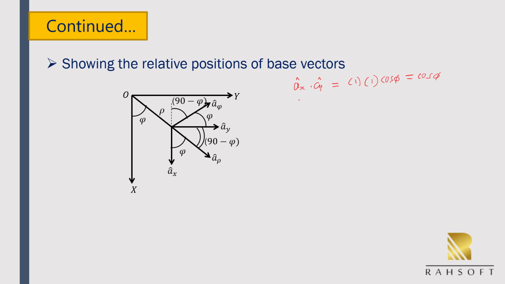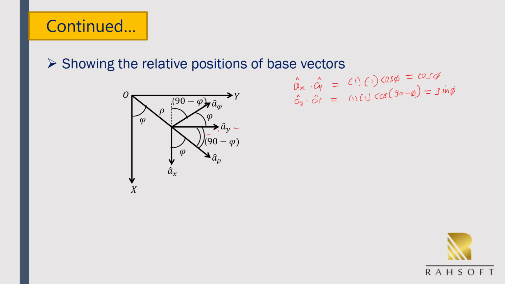Now similarly, unit vector ay dot unit vector a rho is equal to 1 times cos of 90 minus phi, which is equal to sin phi, because here you can see ay and a rho. So the dot product of these unit vectors is equal to cos of 90 minus phi.